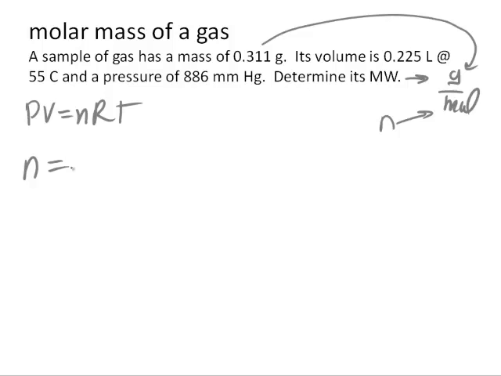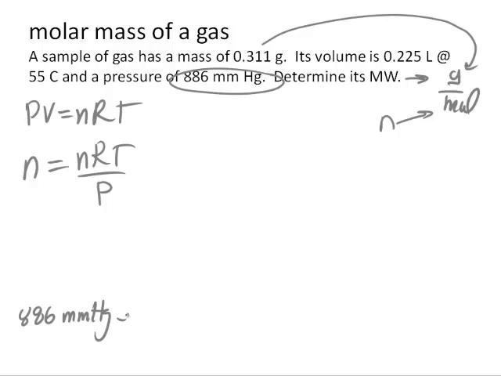So, we've got 886 millimeters of mercury for our pressure. Of course, we are going to have to convert that to atmospheres. Okay, and so 886 millimeters of mercury, those are the same thing as torrs, so that in 1 atmosphere, there's 760 millimeters of mercury.